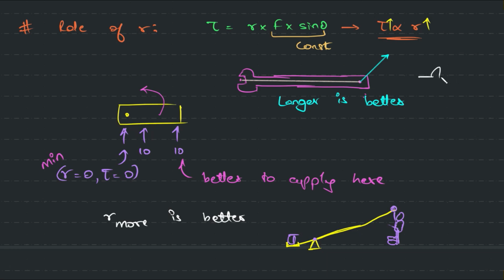Technically it would look something like this. I think this is okay. Not exactly, but yeah, I think better. So it is pointing outward to the screen. So in this case, it is outward.